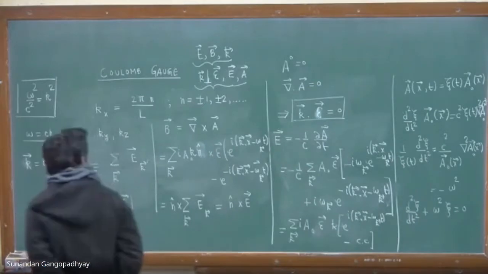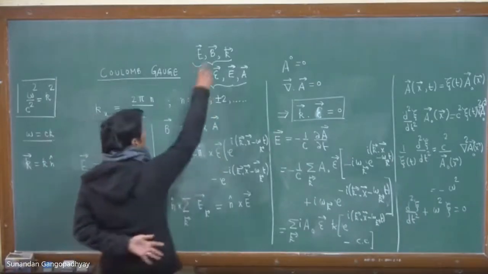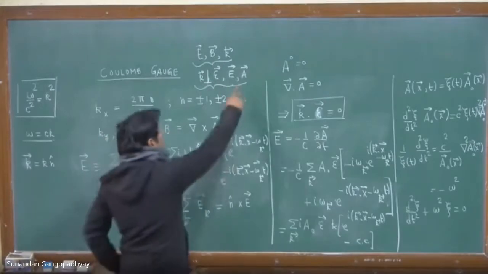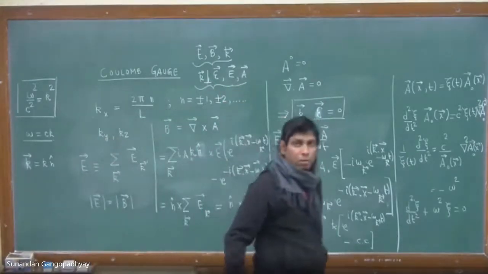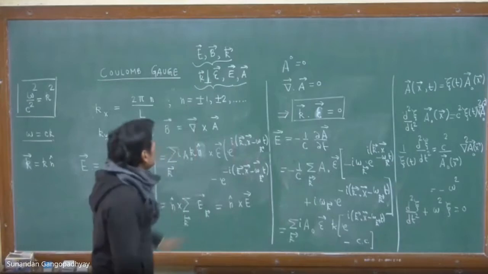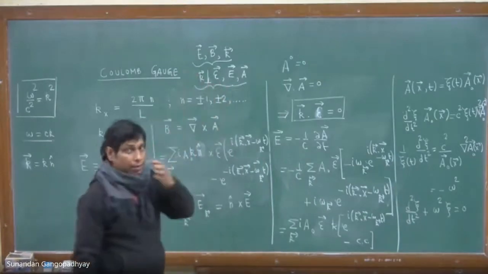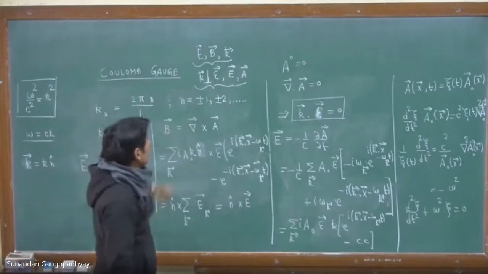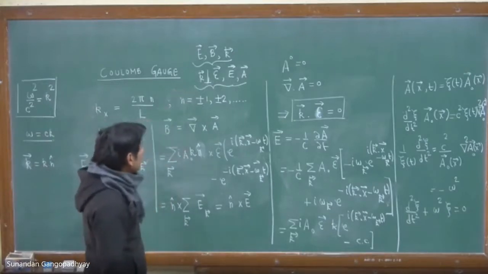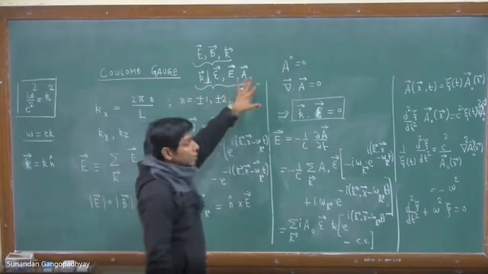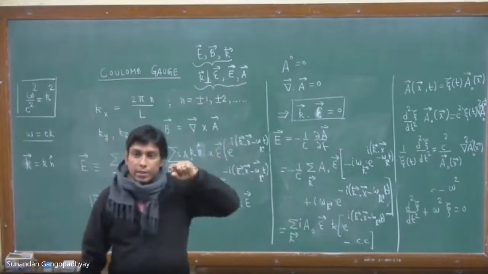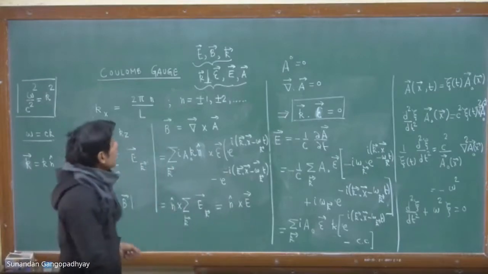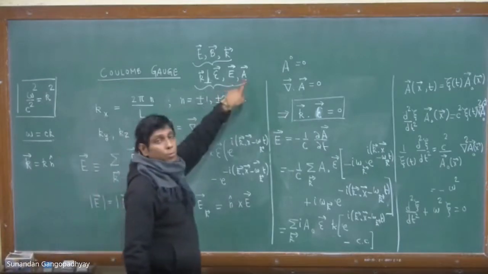So from here we can see that E, B, k are mutually orthogonal to each other, and we have also seen that A vector has only two independent components, and A vector, E vector, epsilon vector all are perpendicular to the direction of propagation of the electromagnetic wave, k vector, and A vector is a vector potential.